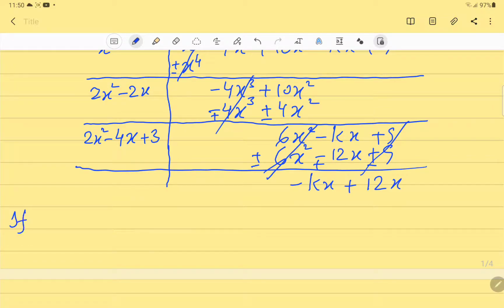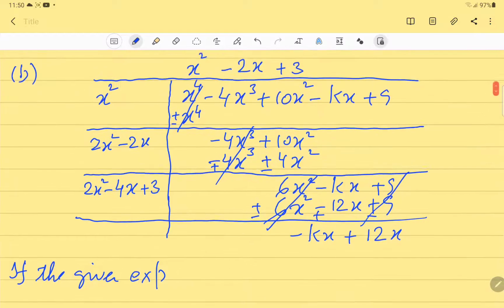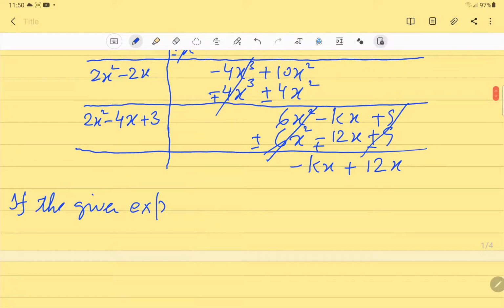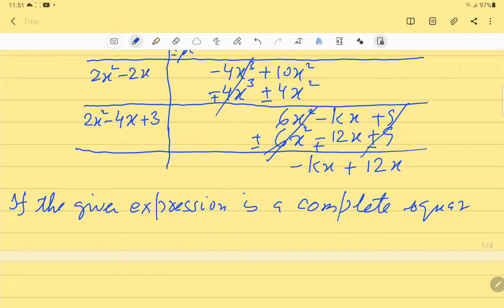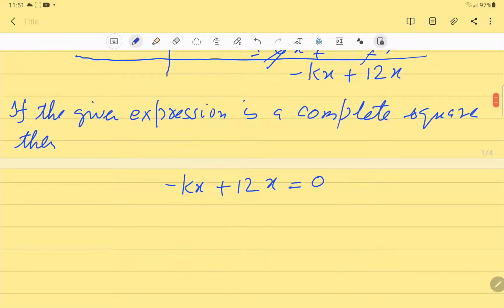If the given expression is a complete square, then minus kx plus 12x should be equal to 0.